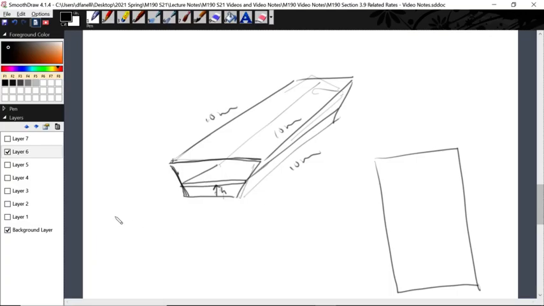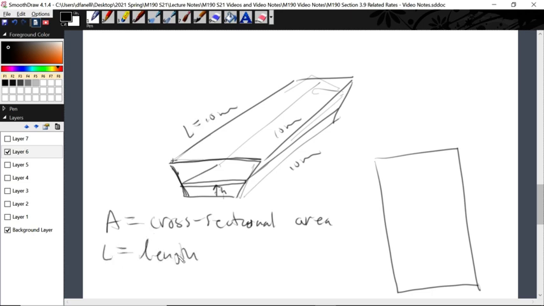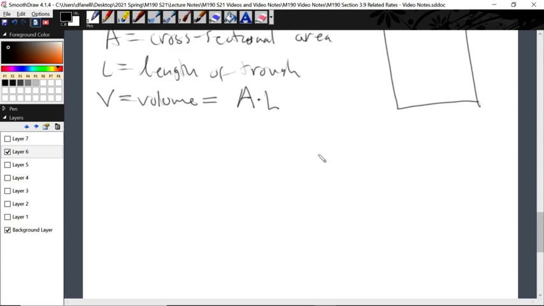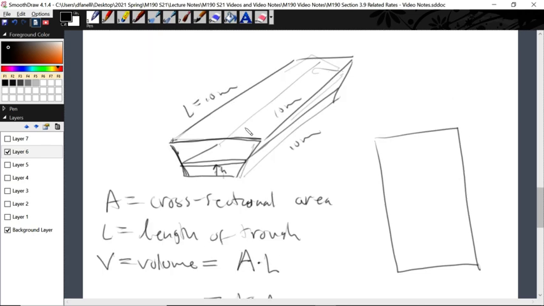If A equals the cross-sectional area of this thing, in this case the area of this trapezoid, and let L equal the length of the trough, then the volume is equal to the cross-sectional area times the length, which in this case would be 10 times A, because the length is constant at 10 meters.